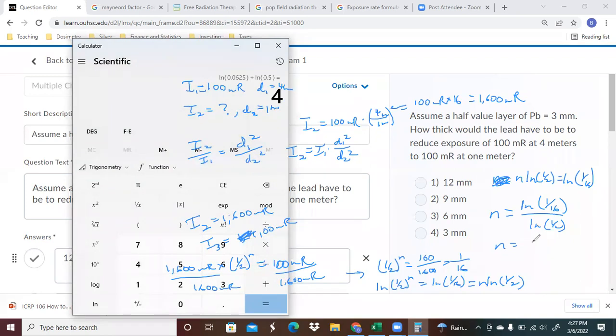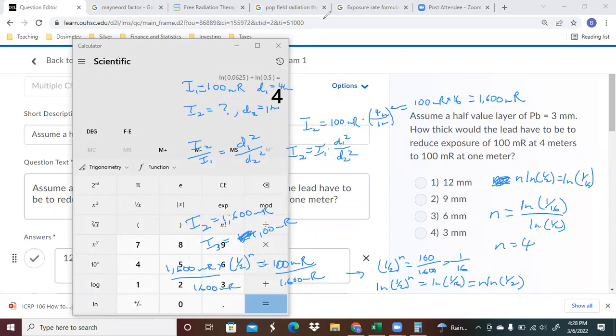Now, you might be thinking to yourself, great, 4 isn't listed as one of the answers here. That's right. What this number does tell me is how many half value layers I have to apply in order to reduce the air exposure down to that point.